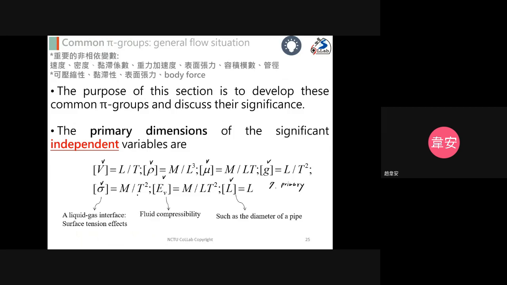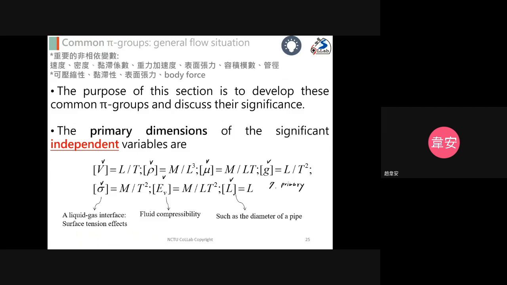So you can see the surface tension is very important for conditions with a liquid-gas interface. And the bulk modulus is important because of the definition of fluid compressibility.